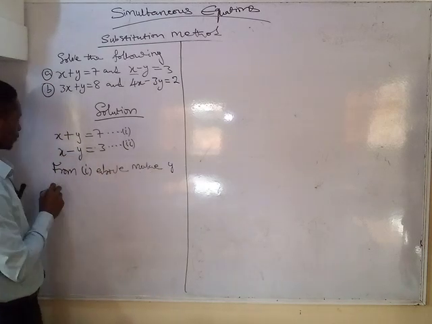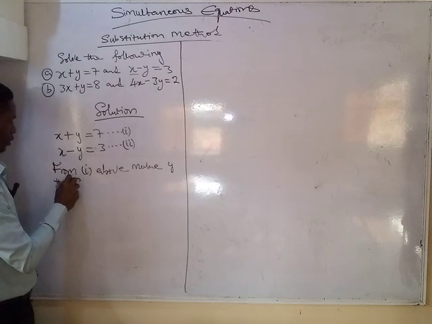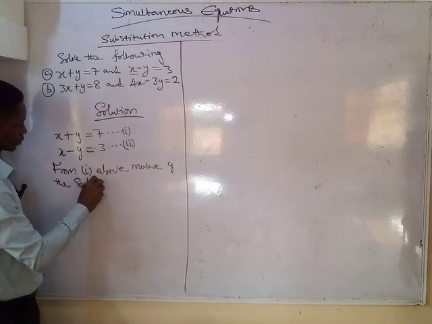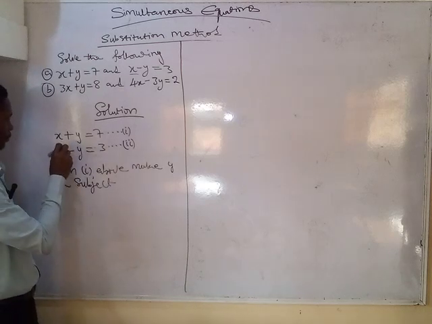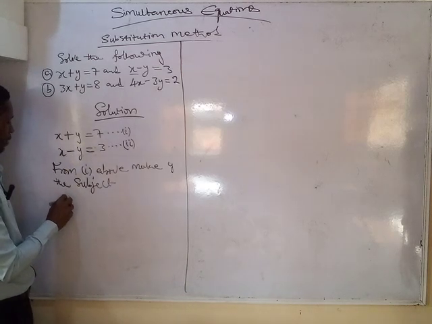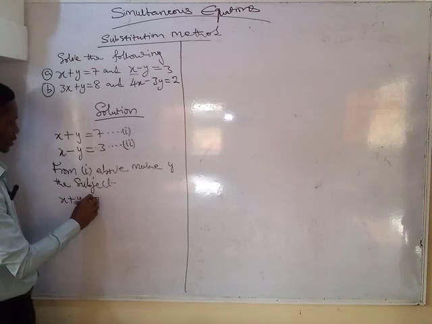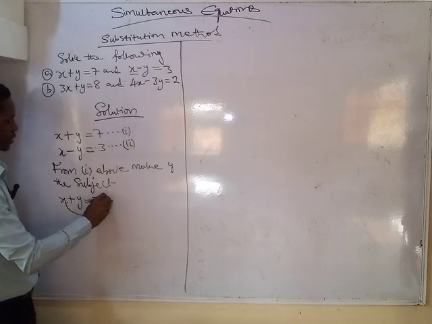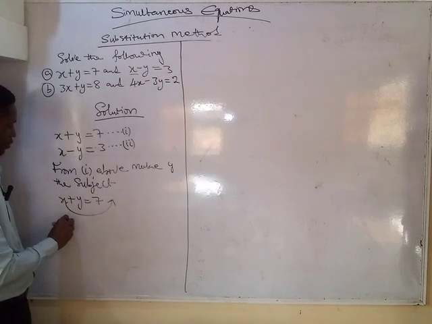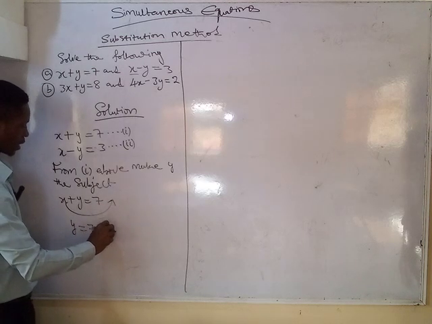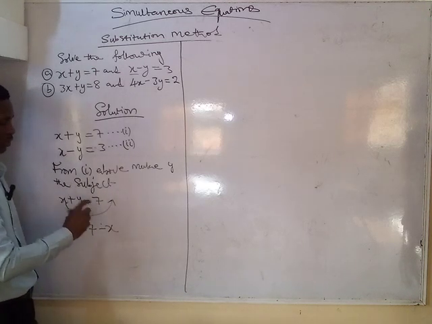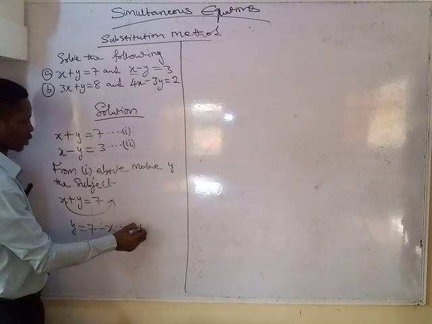Make y the subject. So if I'm making y the subject, this becomes x plus y equals 7. We take x this way, so it becomes y equals 7 minus x as it goes across the equality sign. So we call this equation 3.